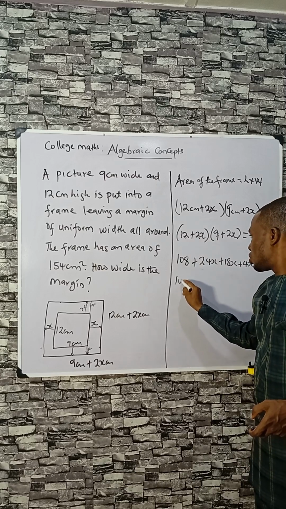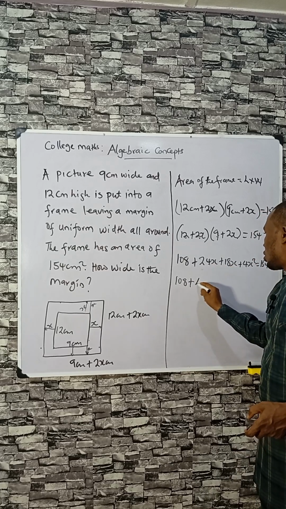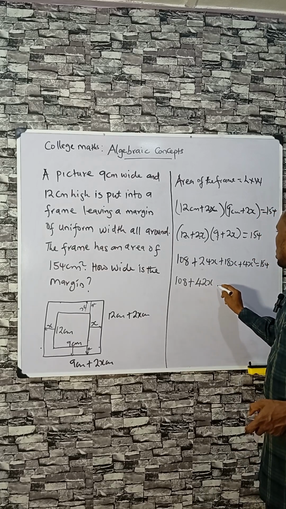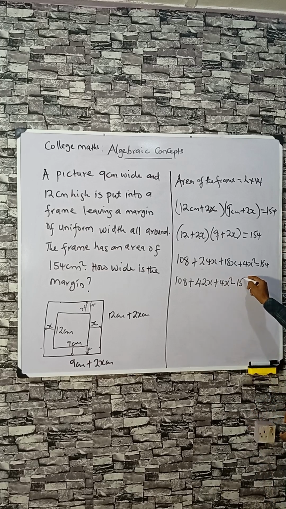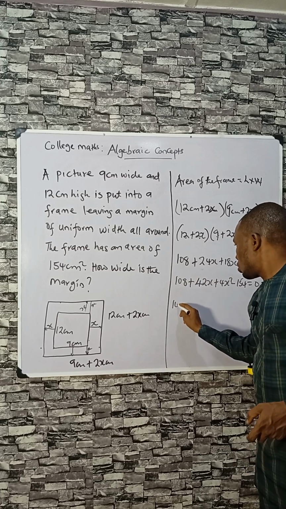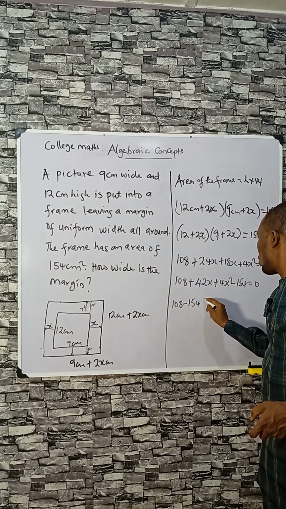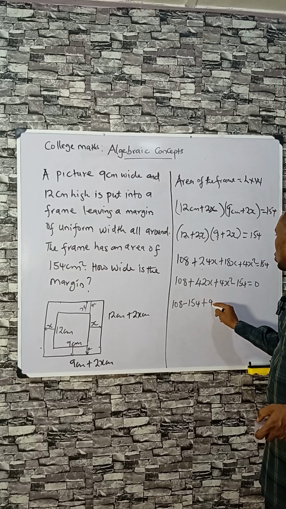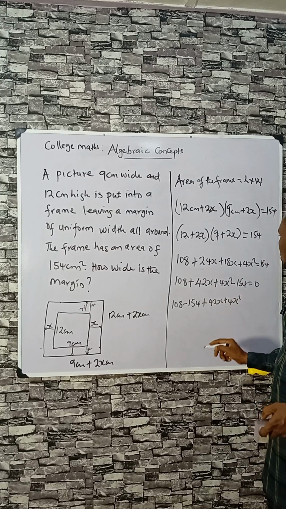Then 108 plus 42x plus 4x squared minus 154 equals 0. This becomes a quadratic equation. 108 minus 154 plus 42x plus 4x squared.